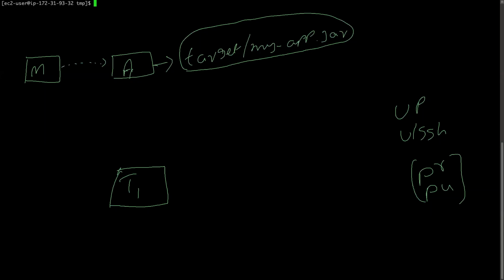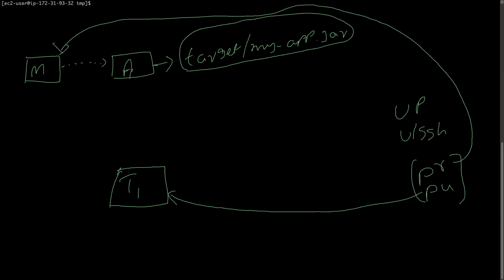Then I have given this private key to the master as a credential, and the public key I have copied to this box. So it means whoever has this private key can now connect to target one, right? This is how SSH works. This is what we discussed in previous classes.